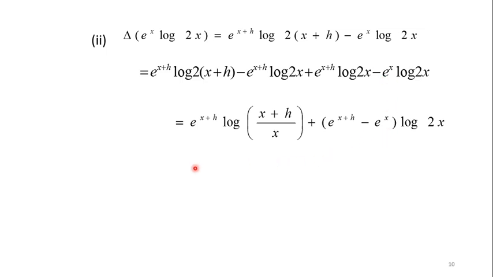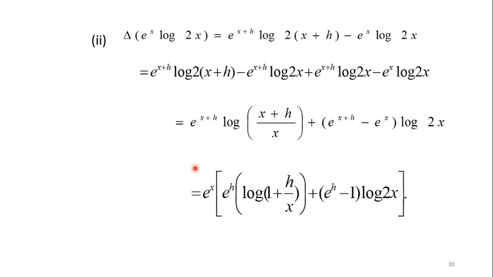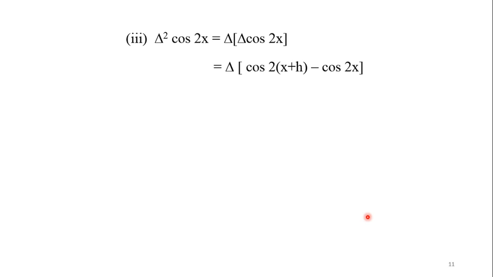In other terms, we can take e raised to x common and write log of 1 plus h upon x, plus e raised to h minus 1 times log of 2x. Similarly, you can try the second problem at home by applying the same concept.